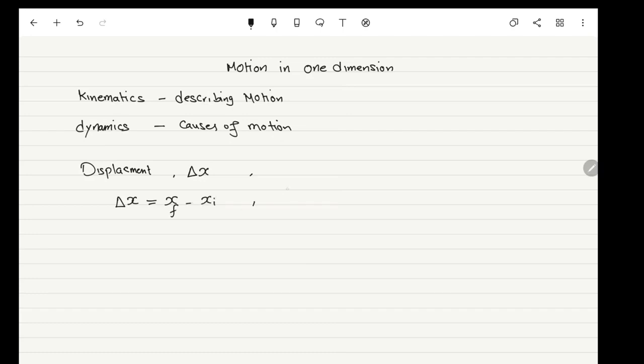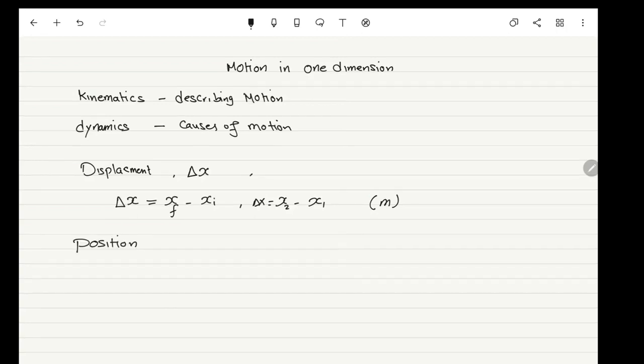Sometimes some textbooks adopt x2 minus x1 equals delta x. It's measured in meters in SI units, and it's different from distance, the length of the path. Distance, as we mentioned before, is defined as the length of the path, but displacement is defined as the difference between the initial and final position.